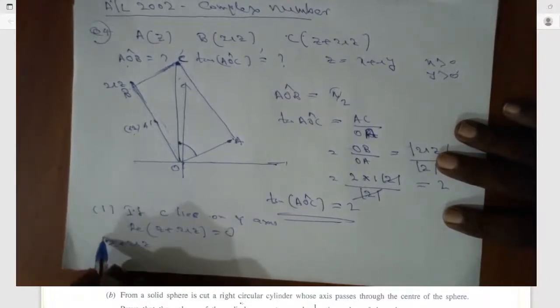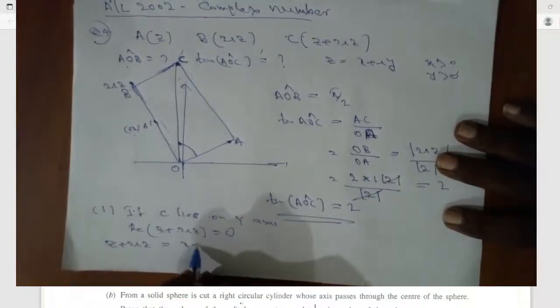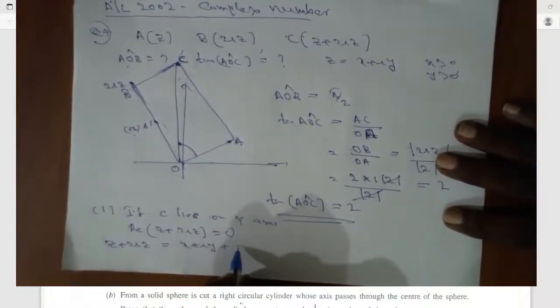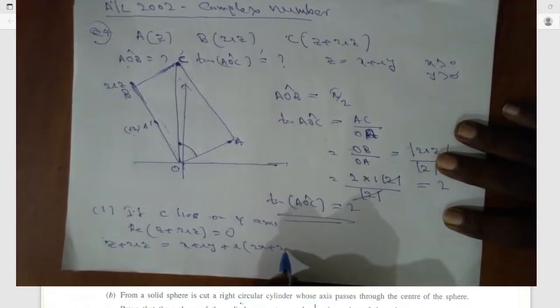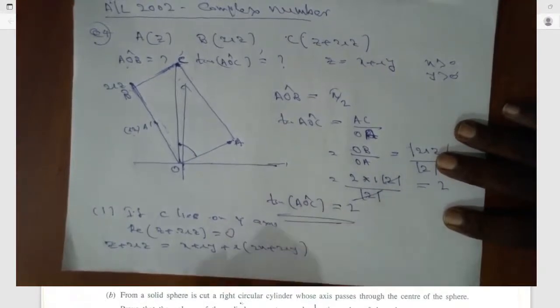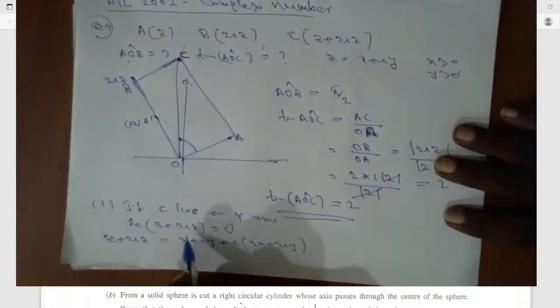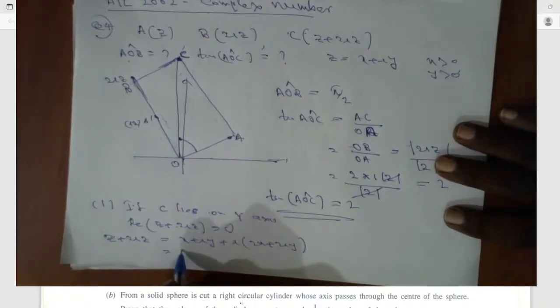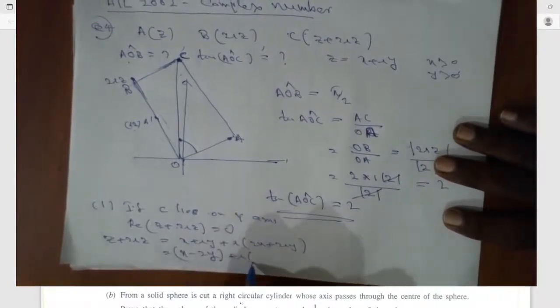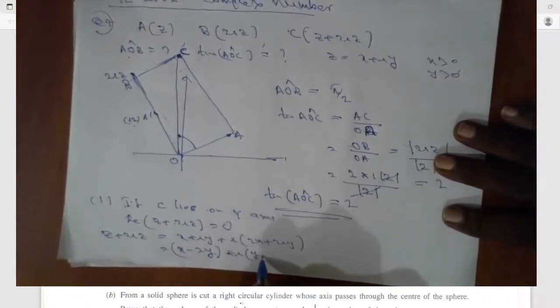If you simplify, x plus iy plus i times 2x plus 2iy, this equals x minus 2y plus i times (y plus 2x).